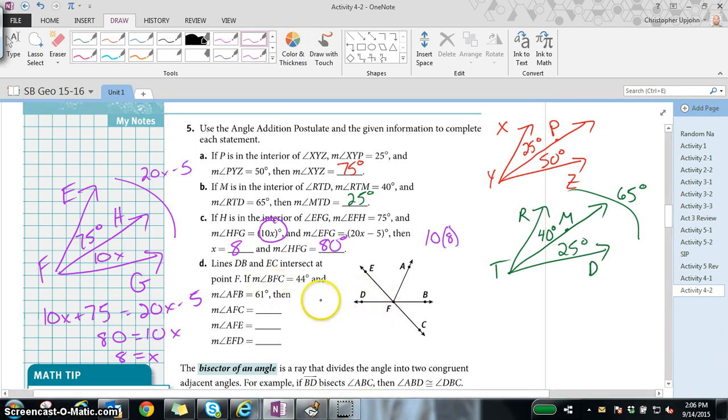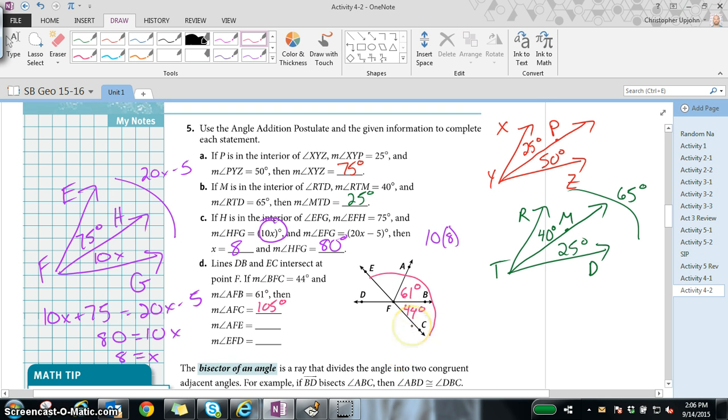Lines DB and EC intersect at point F. If the measure of angle BFC is 44, and AFB is 61. Then AFC, well, you add those two up, 105 degrees. AFE, well, we know that these three together give us 180 degrees, it gives us a straight angle.